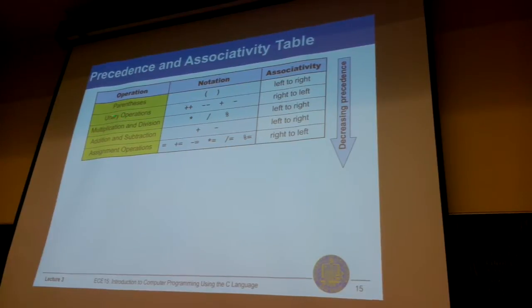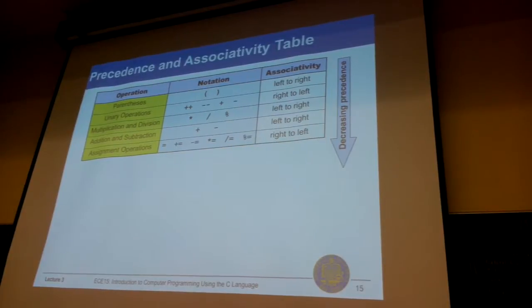Then we have the unary operators, which also include casting. And then we have multiplication and division, addition and subtraction, and finally assignment, including these special assignment operators, the shorthand. Remember that the associativity for parentheses and your basic operations goes left to right. But for assignment and these operators here, we go right to left.